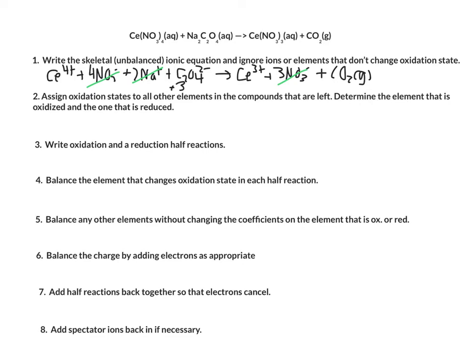And on the product side, I have 2 oxygens attached to the carbon. Each oxygen is -2, so that's a total of -4. The whole thing is neutral. That means that this carbon must be +4. So it's the carbons that have changed oxidation state. So we have cerium being reduced from 4 to 3, and carbon being oxidized from 3 to 4.